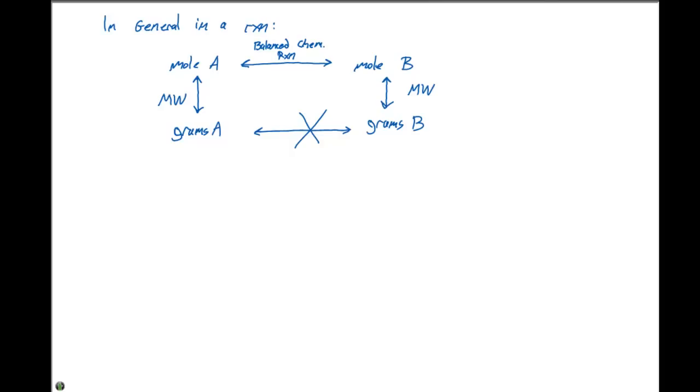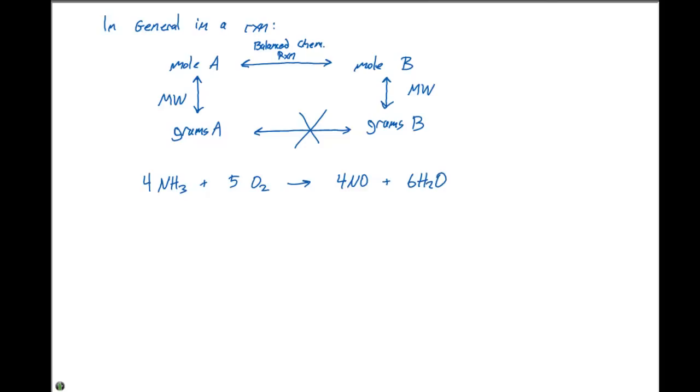So we can do a quick example using the following balanced chemical equation. We have 4NH3 plus 5O2 giving 4NO plus 6H2O.